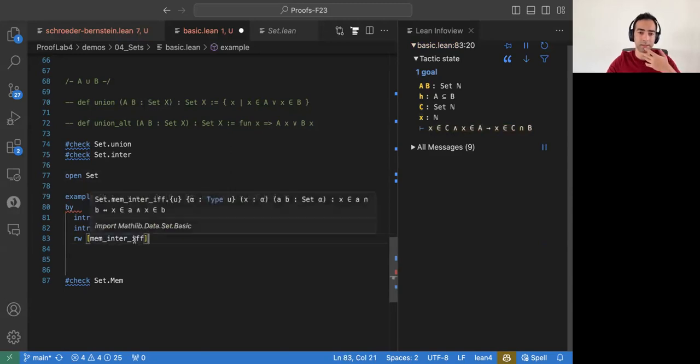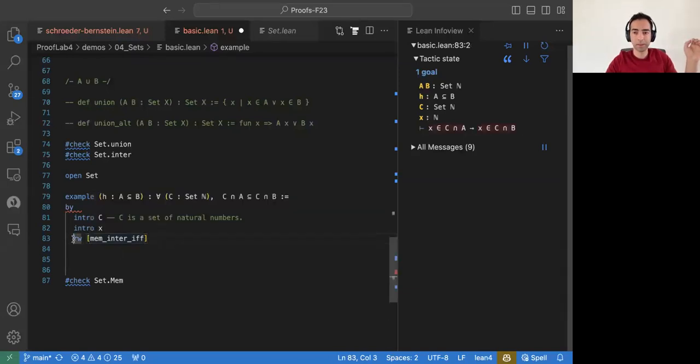So this lemma says essentially it's an if and only if statement, which says an element is in an intersection if it's in both of them, right? And because if and only if is like equality between propositions, you can rewrite along them. So before this, your goal is X belongs to this, then X belongs to that.